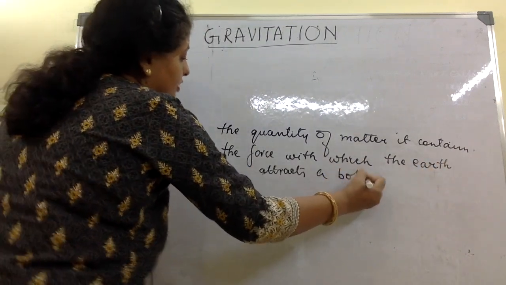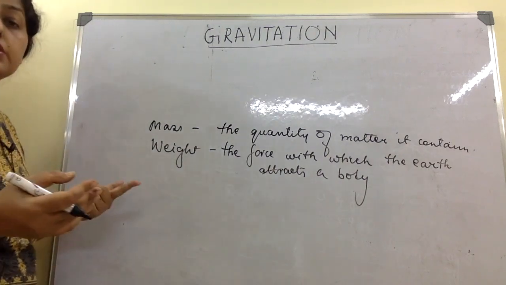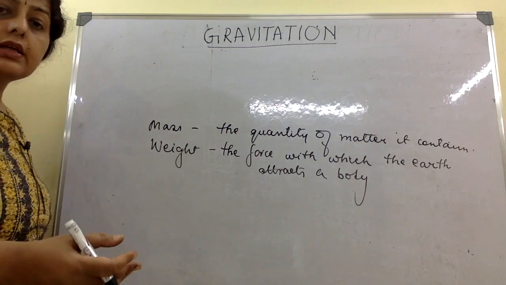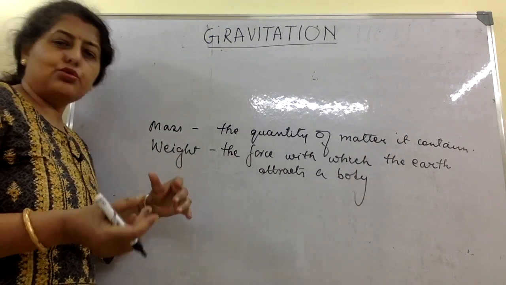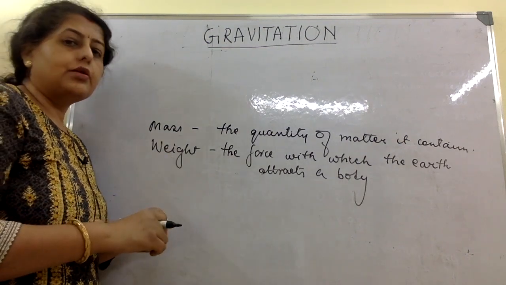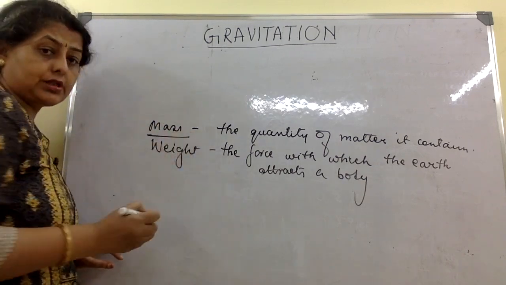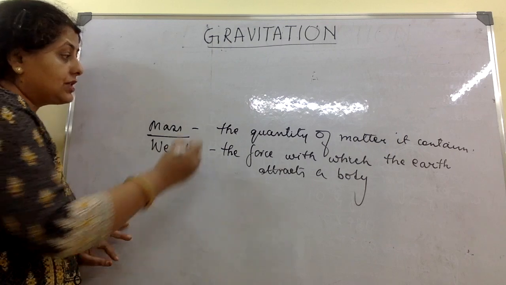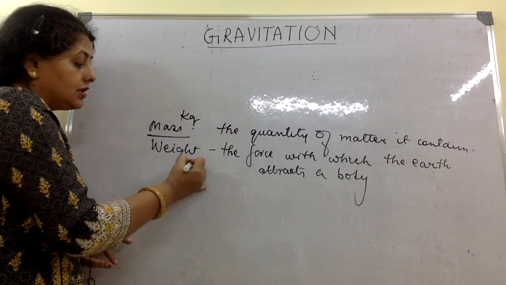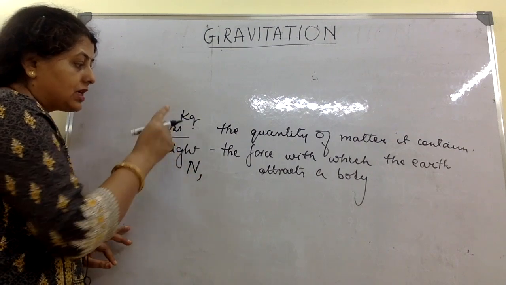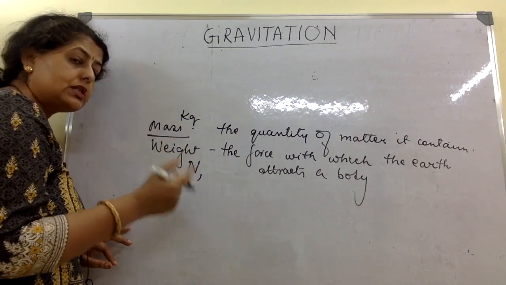Now many times we use weight instead of mass, but that is not right. Mass is a scalar quantity. Mass we tell in kg, weight we tell in Newton. Now weight is what?